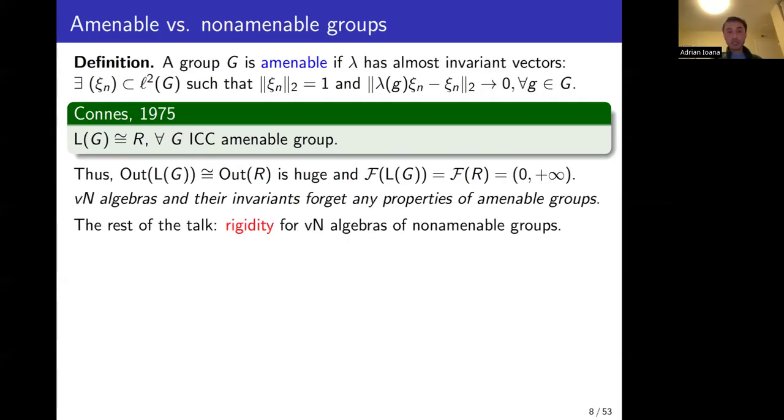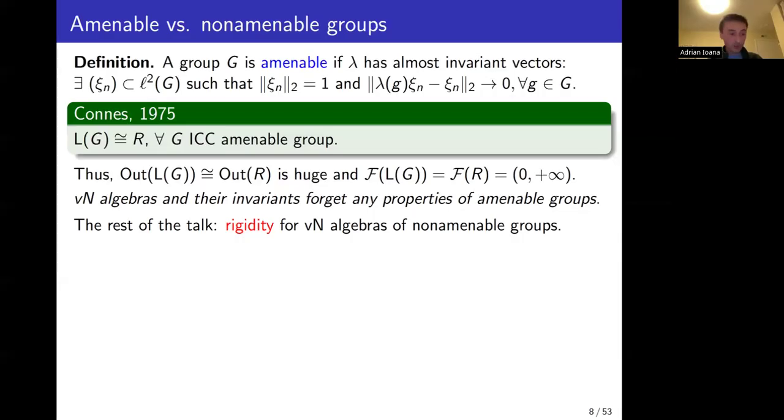And you can look at this by saying that von Neumann algebras and their invariants forget any properties of an amenable group. So regardless of what amenable group you take, as long as it's ICC, you always get the same von Neumann algebra and the same invariants. So there's nothing among the algebraic properties of the group that survives when you pass to the von Neumann algebra.